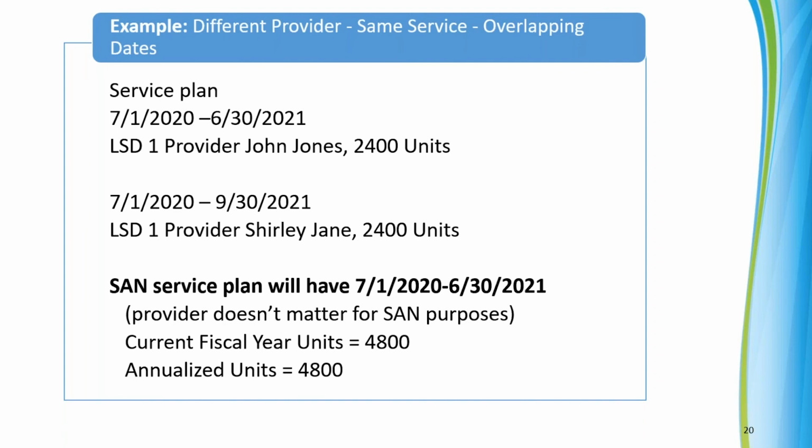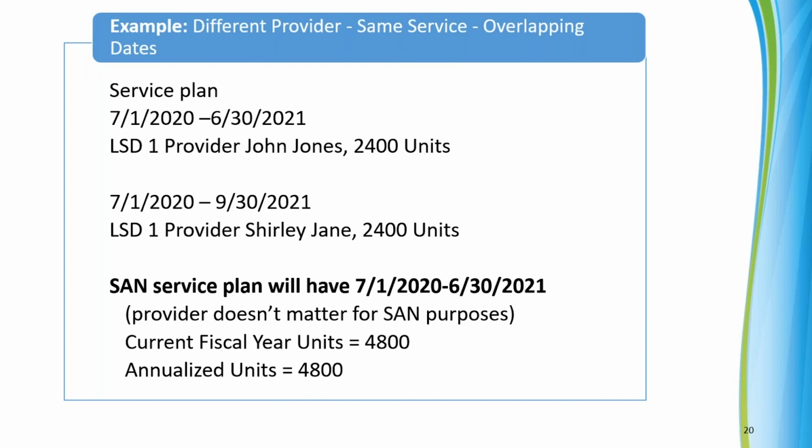When you do your SAN services, since the provider doesn't matter for SAN purposes, it's the units that we're worried about, then you would put the full 4,800 units in that current fiscal year units field. And then if that's what you need on the annualized basis, you would indicate that in the annualized basis as well. You don't need to bring over both the screens for provider John and provider Shirley.